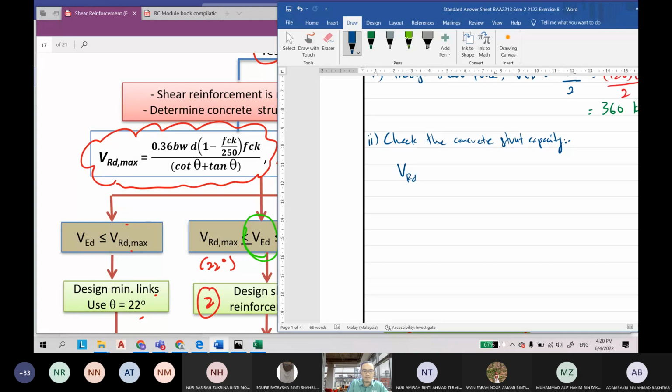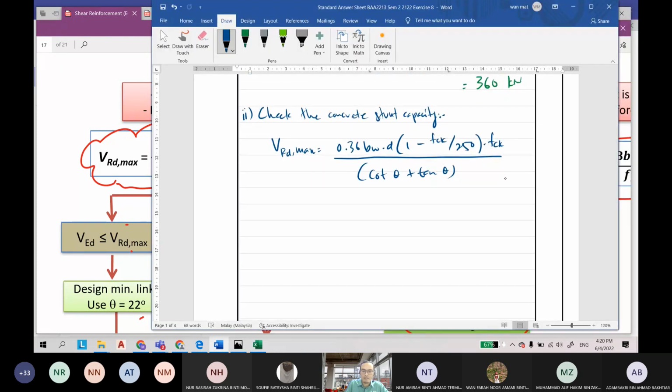VRD max is equal to 0.36 bw d (1 minus fck divided by 250) times fck divided by (cotangent theta plus tangent theta). You can use your calculator. Cotangent theta is equal to cos theta divided by sin theta.